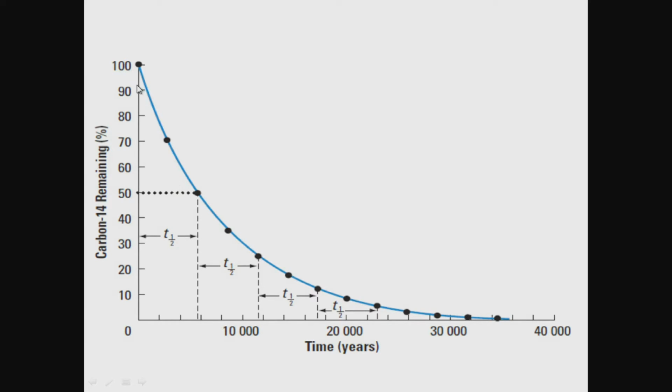So half the carbon-14 will be gone. In the second half-life, half of the remaining will be gone. And the third half-life, half of the remaining will be gone. So that's the concept of half-life.